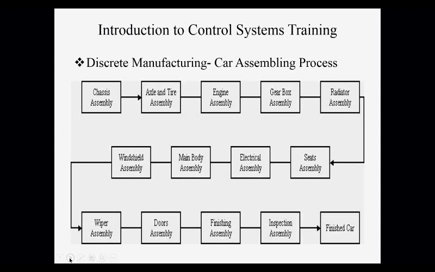This slide is an example of discrete manufacturing, a car assembling process. What we can see here are a few steps executed in sequence to assemble a whole automobile. Somewhere you may be doing one step before the other, so it's a generic process.